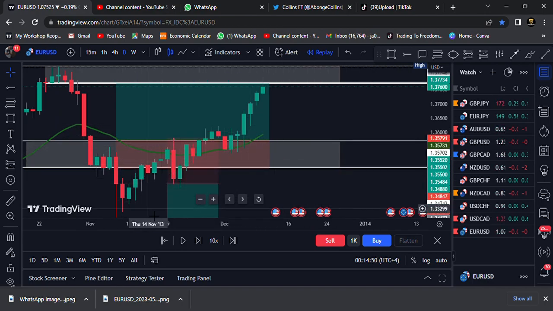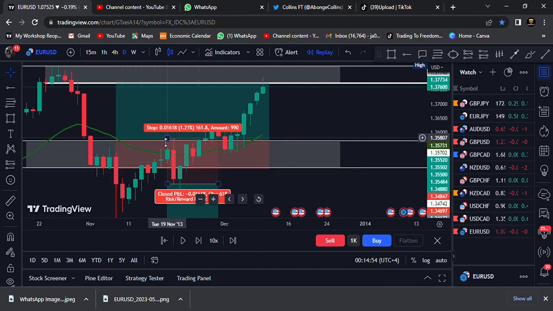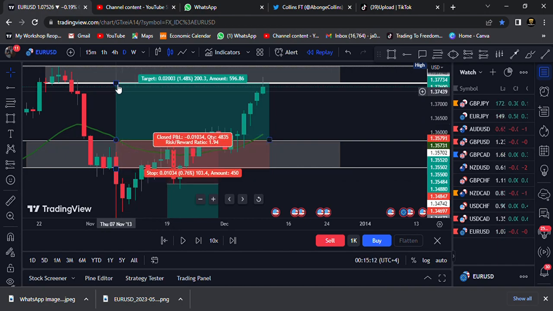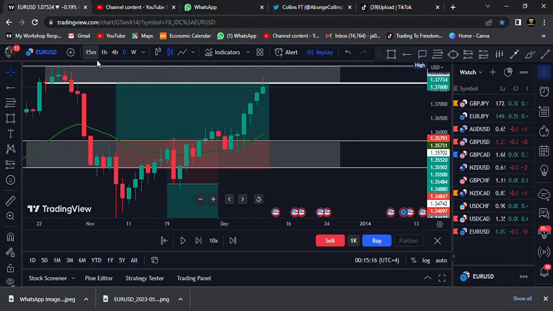We recovered, because if you can see an estimate of 1.3580 and here 1.3419, that is like 150 pips. This is in a larger time frame, but we always have to enter in a smaller time frame.